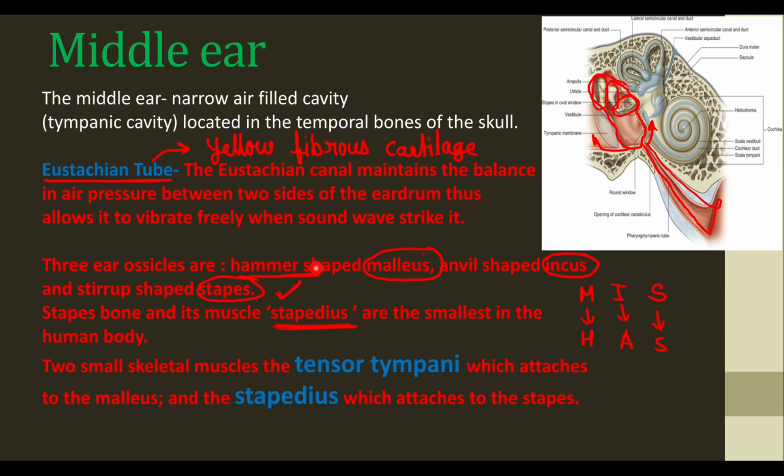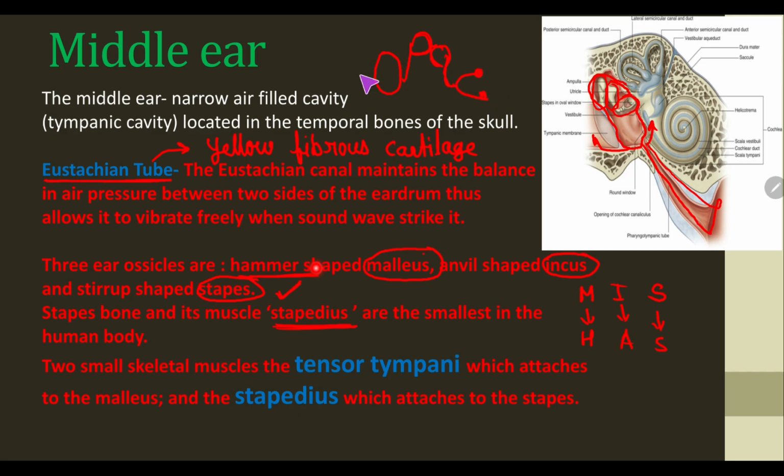So when a sound wave enters the ear pinna, then it enters the external auditory canal, then it vibrates the tympanic membrane. This tympanic membrane is attached with the malleus, and then the incus, this anvil shaped structure, and then the stapes.